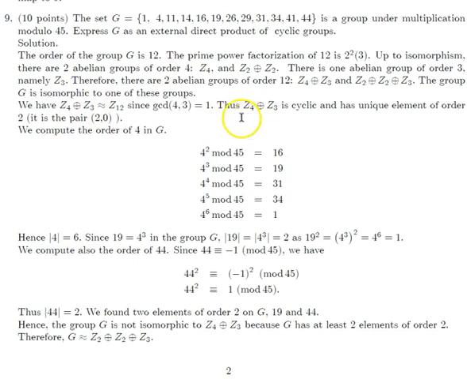So the first group, Z4 plus Z3, is cyclic, and it has a unique element of order 2.